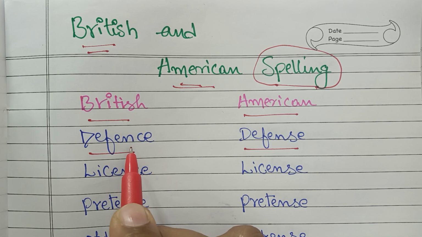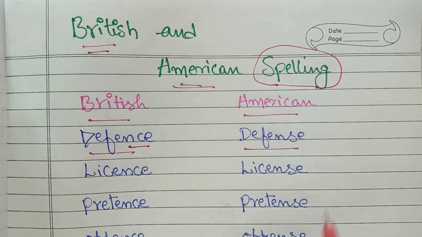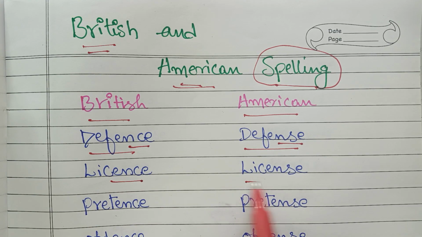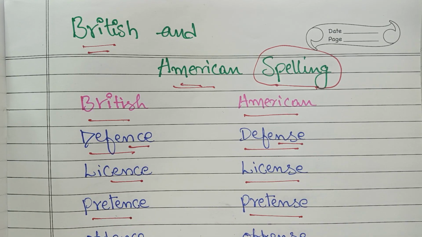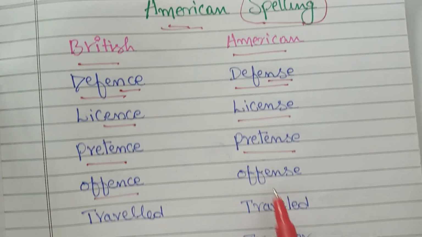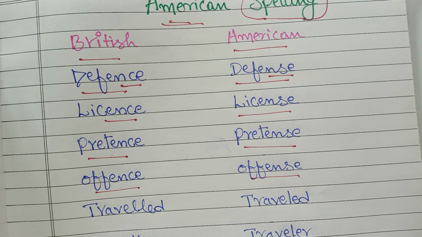Understand, here it ends with NCE whereas here NSE. In the same way, licence, license; pretence, pretense; offence, offense. But what is the difference?